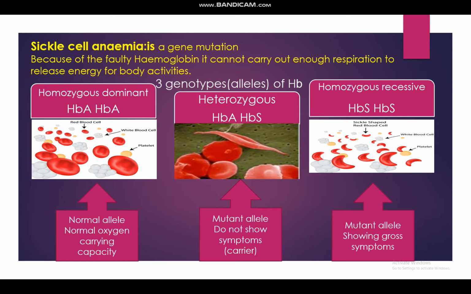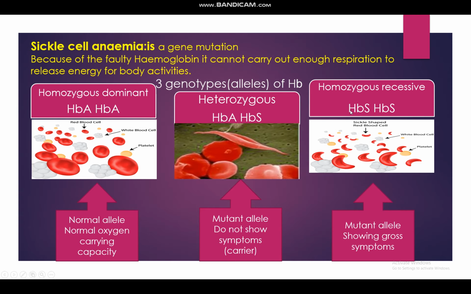In this case, it does not show symptoms unless a higher amount of oxygen is required, like during exercise or when the person goes to a high altitude. At that time, the symptoms of heterozygous sickle cell anemia become prominent.